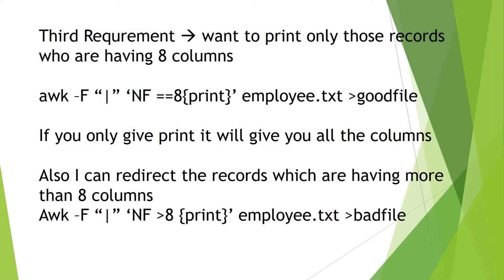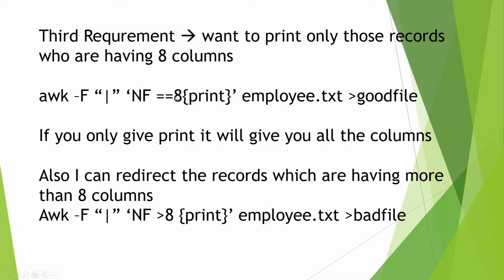So for that, in the awk command we have a specific inbuilt variable NF. What is NF? NF is called number of fields. So if I want a specific number of fields in my file, I'll be using the NF inbuilt variable. So what will be the command? The command will be awk -F, of course my delimiter, then inverted quote, NF is equal to 8.